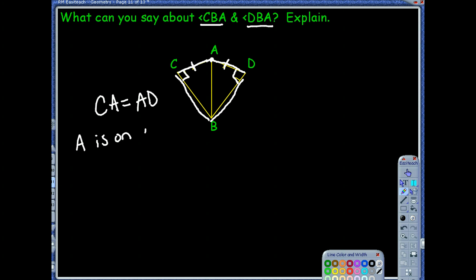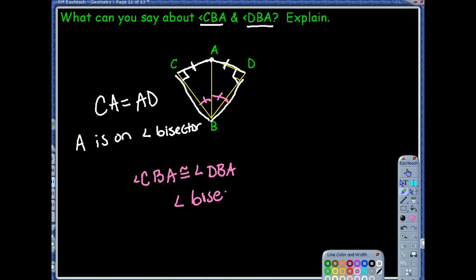So A is on the angle bisector, which basically means that those two angles, CBA and DBA, are going to be congruent. So I can say that angle CBA is congruent to angle DBA. And what would be my reason there? My reason would be the angle bisector theorem converse.